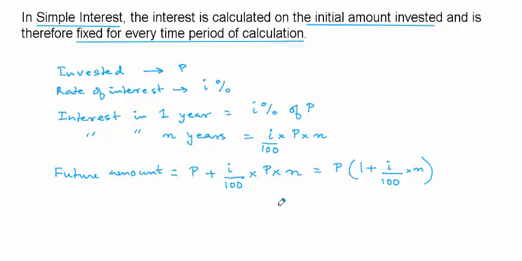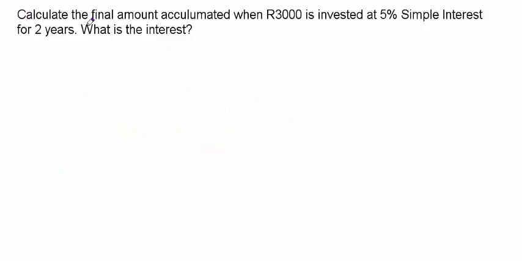Let's look at some examples now. Calculate the final amount accumulated when 3000 Rand is invested at 5% simple interest for 2 years. What is the interest?